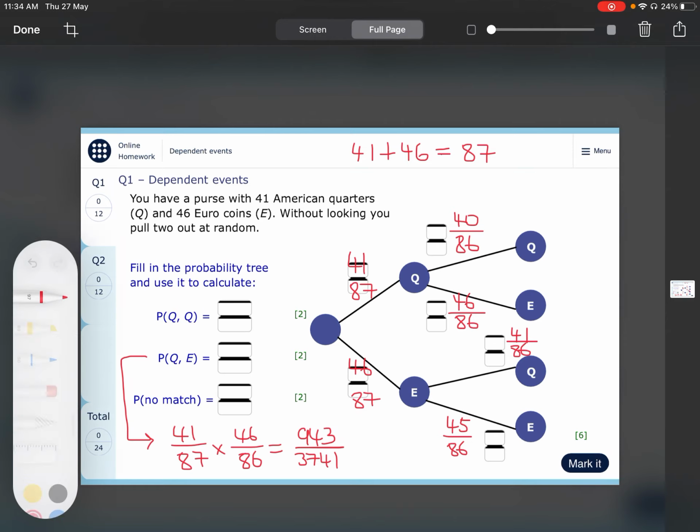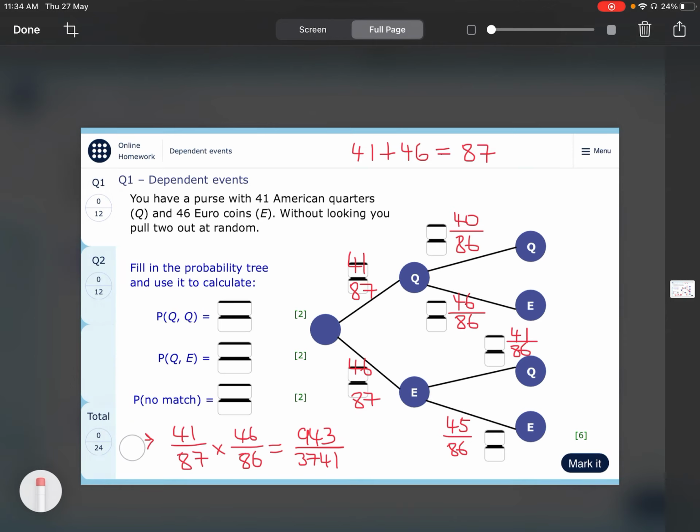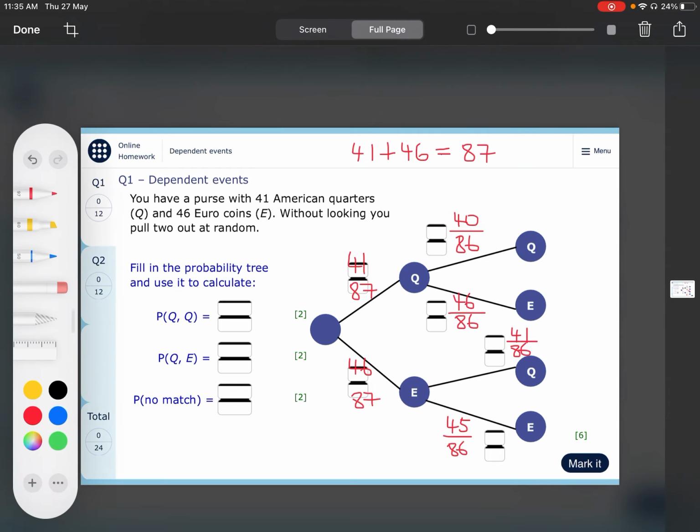Now, the last one is the probability of no match. When it says no match, I guess it means that they're not matching. So the probability of them not matching is going to be the probability of QE plus the probability of EQ.